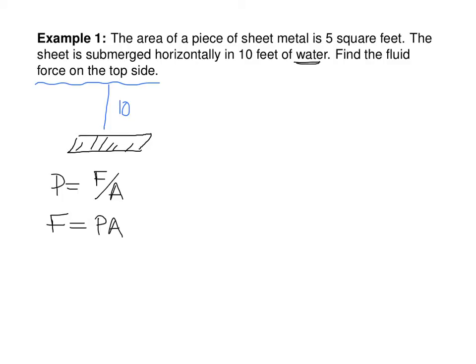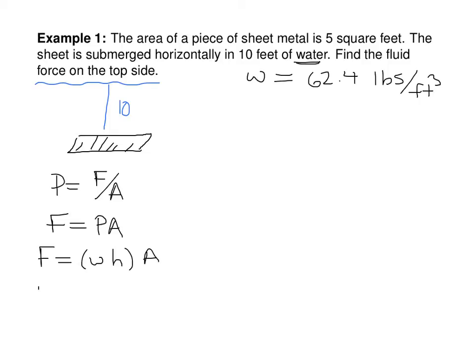So we are in water, and they didn't say seawater, so we'll assume it's normal water. And that tells us that the weight density is 62.4 pounds per cubic foot. So my force is equal to pressure times area, and pressure is given by the weight density times the depth, so wh times A. So in this case, w is 62.4, the depth is 10, and the area is 5, and that gives me force is equal to 3,120.